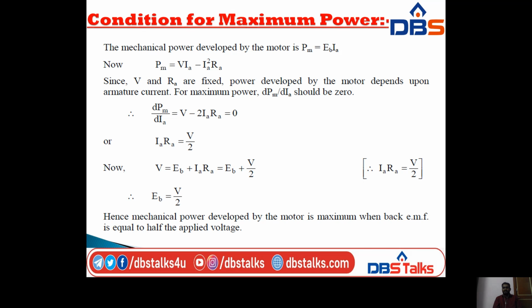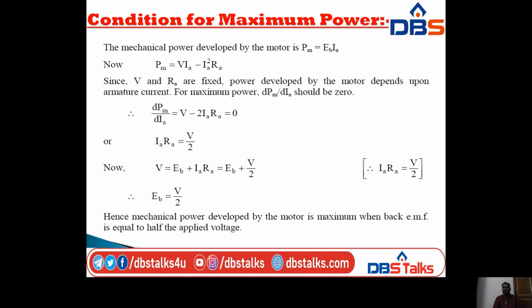Now V = Eb + Ia Ra, you know this one. In Ia Ra, I am substituting V/2. That is V = Eb + V/2.